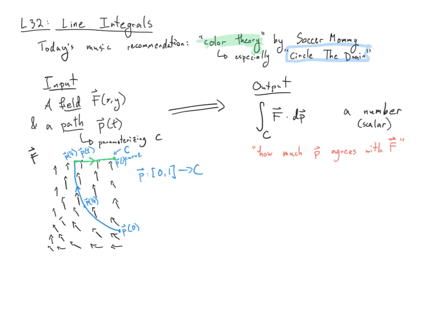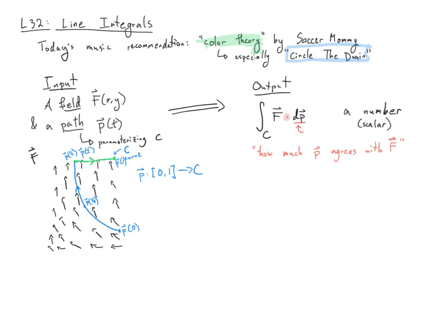Okay, and the reason this is the correct way of interpreting what this output is because there is a dot product here. And so the dot product is supposed to tell us how much the vector given by f at a point is agreeing with the vector having to do with the derivative of p at the point.